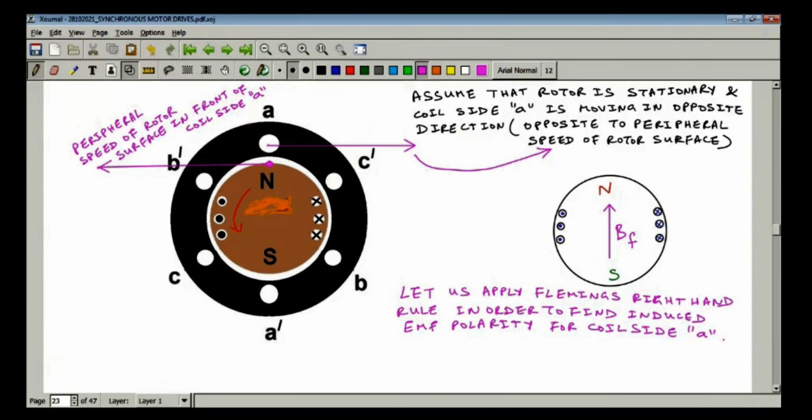So what is the direction of motion? This is your V, direction of motion. What is your B? This is your direction of magnetic field B. So what you will do, this is right hand index finger.